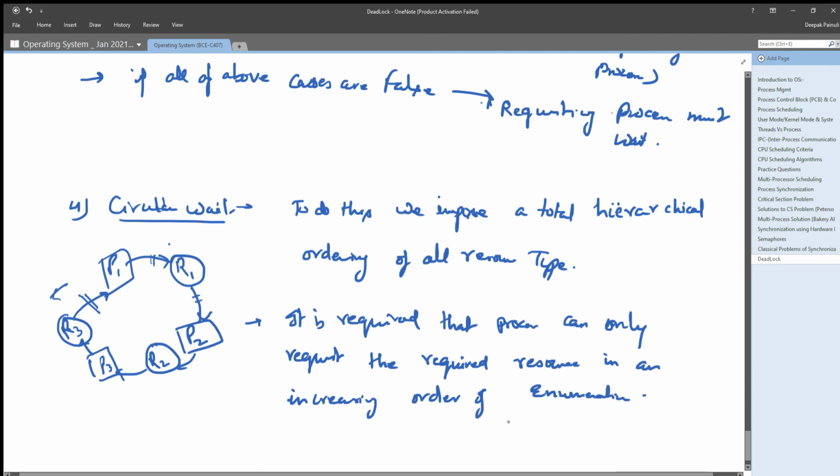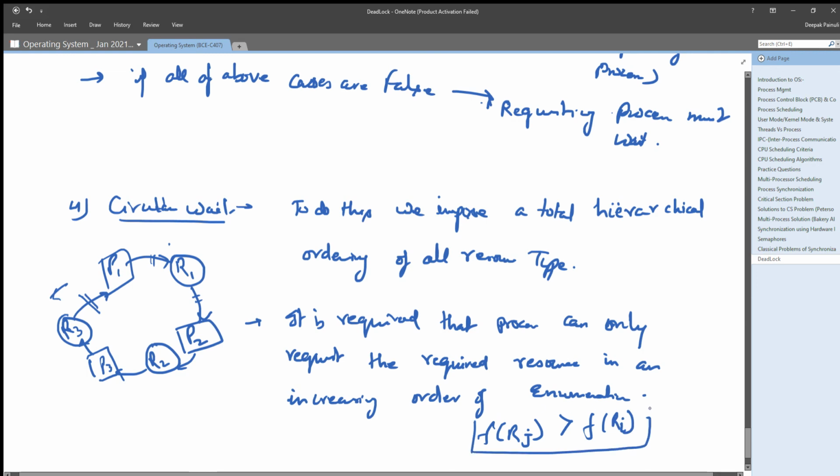Or we can say the function of resource type Rj must be greater than the function of resource type Ri, right?